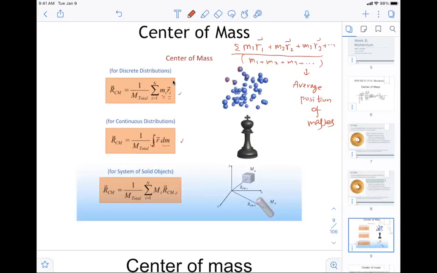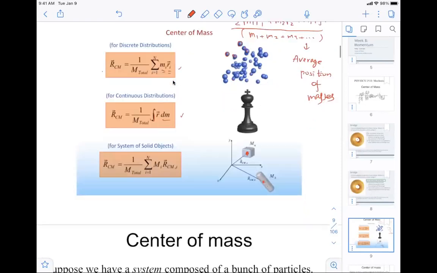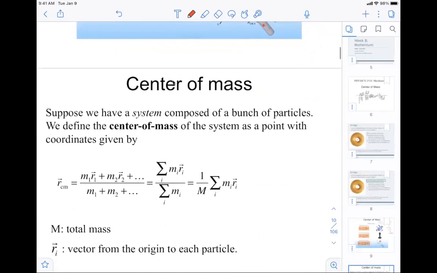Now, if you have a combination of the two, let's say each object is a continuous distribution, but you have multiple of those objects, then you simply find the center of the mass of each of them and treat them as a collection of little points. Each of them has a center of mass, and the two together are two points connected. So it's sort of a combination of these two methods. But we will explore the mass aspect of it slowly, one by one.